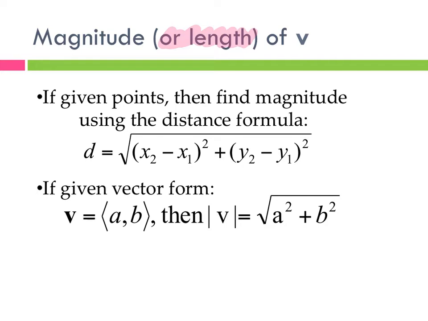Or if you already have component form like this, then you can do the square root of a squared plus b squared. And this should actually be doubled. This should be double V, double lines before the V and after the V. That's how you show magnitude. So that would be the symbol for magnitude, like a double absolute value.